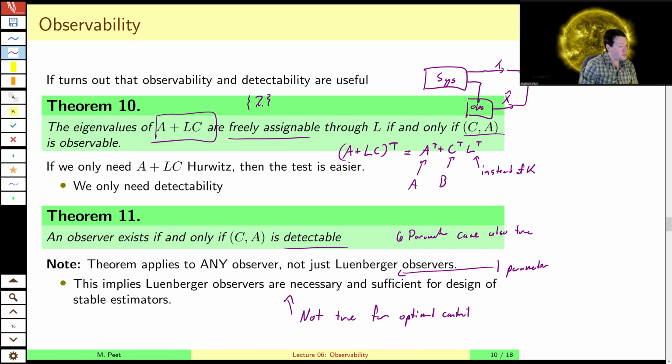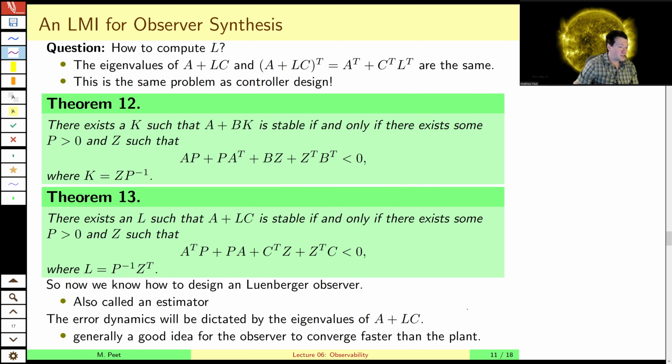Again, it's a very powerful result, and it says that we can reduce our observer design problem to essentially a controllability feedback gain problem. And now, because we solved this feedback gain problem using an LMI for controllability, we can also extend those results in a straightforward manner, without any additional theorems or proofs, to observability as well. So, for example, the LMI for stabilizability carries over directly to an LMI for observability.